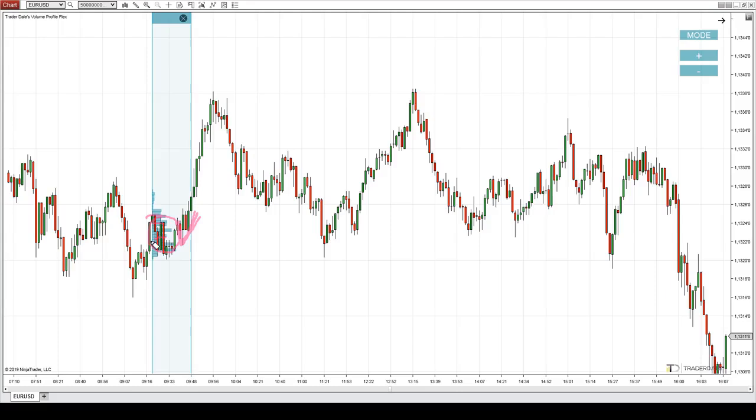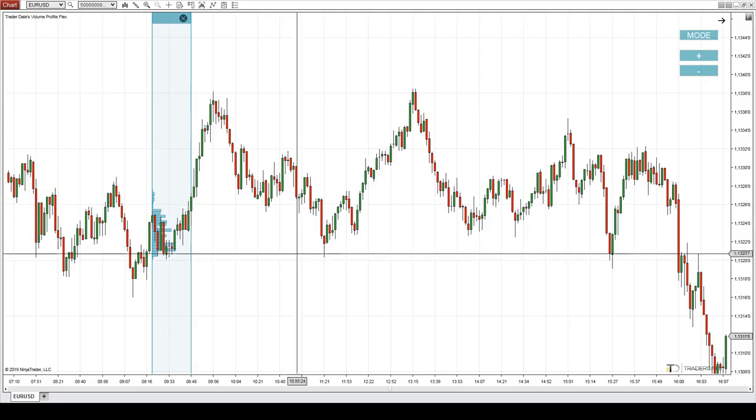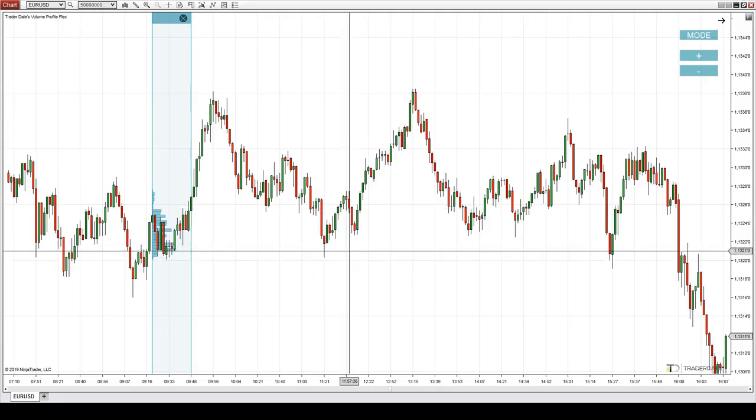It seems like the heaviest volumes, which are in here, got tested. If you remember from the theoretical part, this is the thing which I don't really like, when the level gets immediately tested. So I probably wouldn't trade like this. As you can see, if I draw a line there, there was a nice reaction to it.